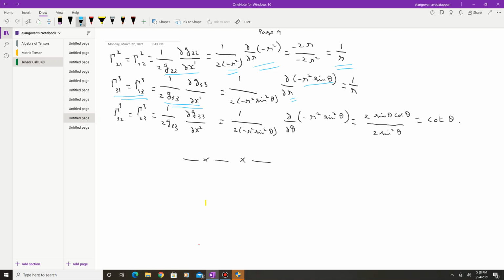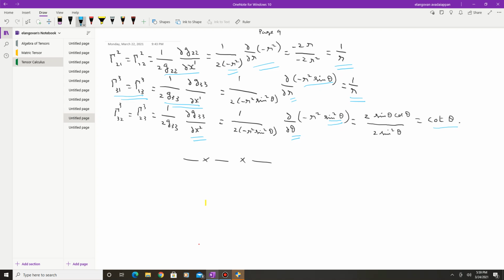So here, minus r square sin square theta, where sin theta is a constant term. Differentiate, and you will get this. Gamma 332 is equal to gamma 323, which is 1 by 2 g33 partial derivative of g33 by dx2, and here the coordinate is theta. Since there is a sin square theta, it can be differentiated, and you will get this expression. So all the non-vanishing values of the Christoffel symbols of the first kind and the second kind can be easily derived.